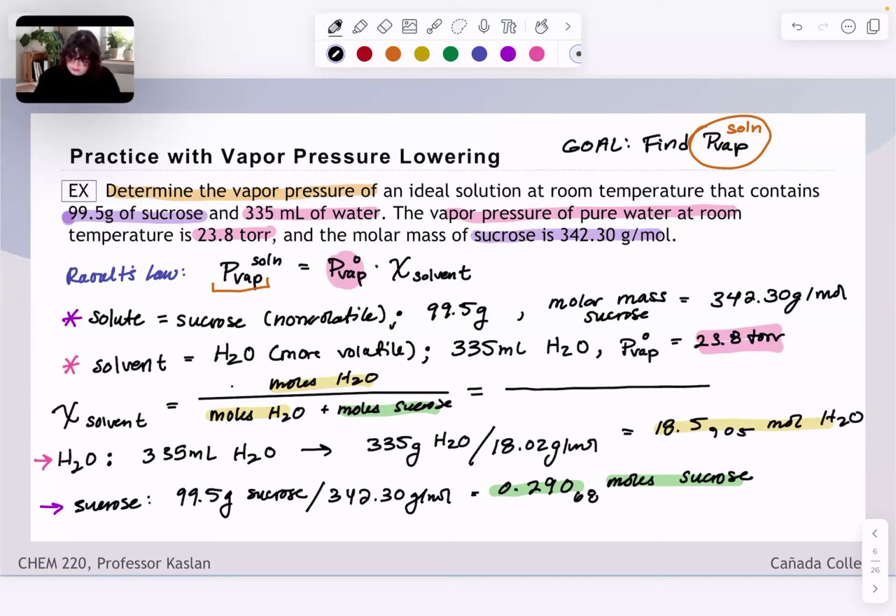So this would give us 18.5905 moles water over 18.5905 moles water plus 0.29068 moles of sucrose. Let's continue this on the next slide.